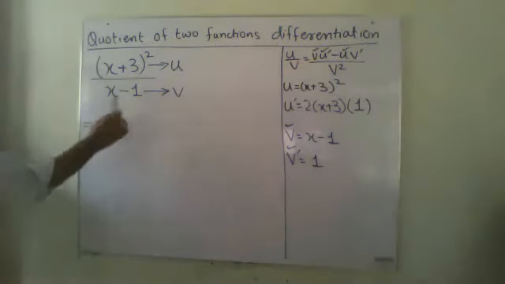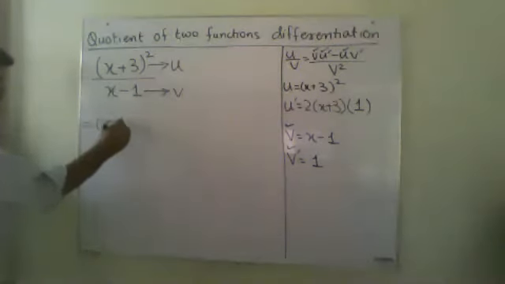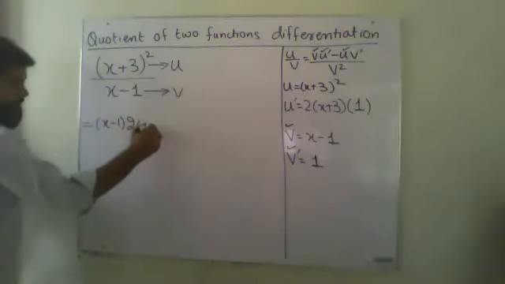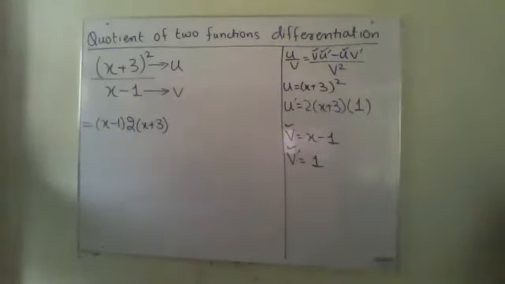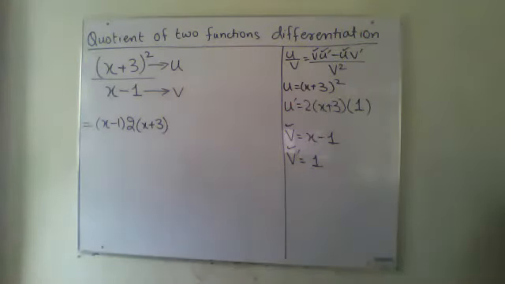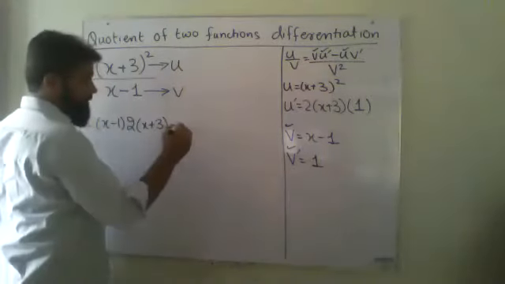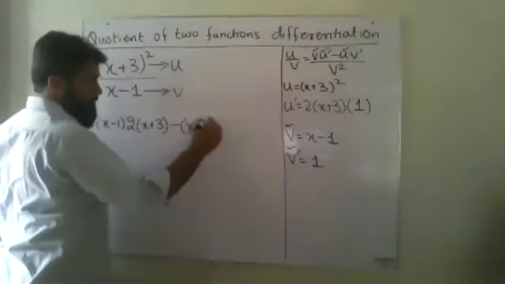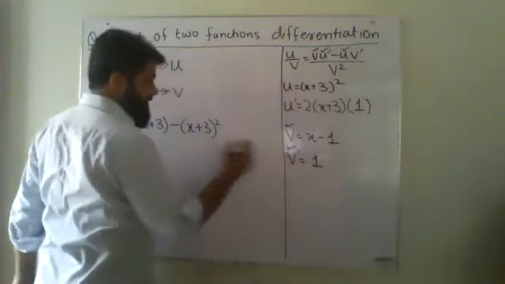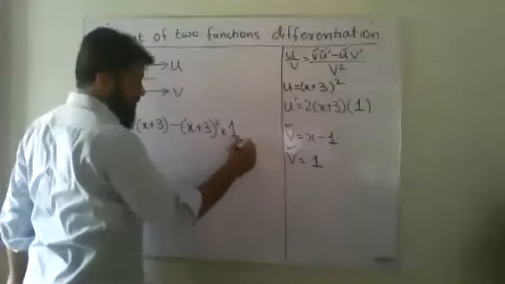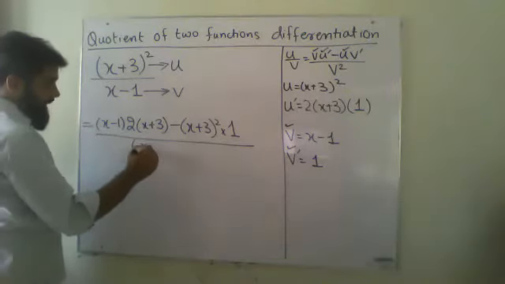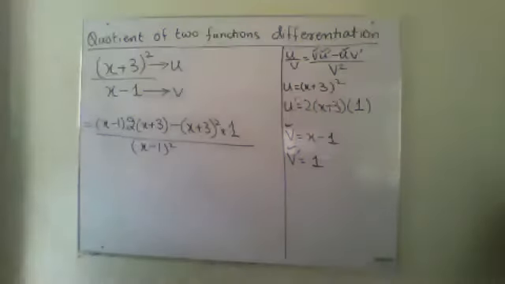So what is my v? x minus 1, and u differential is 2(x plus 3). I'm not mentioning 1 because 1 as a multiple will have no effect on the question. After that, minus sign, u, which is (x plus 3) whole square, times v differential, which is 1, over v square, which means (x minus 1) whole square.